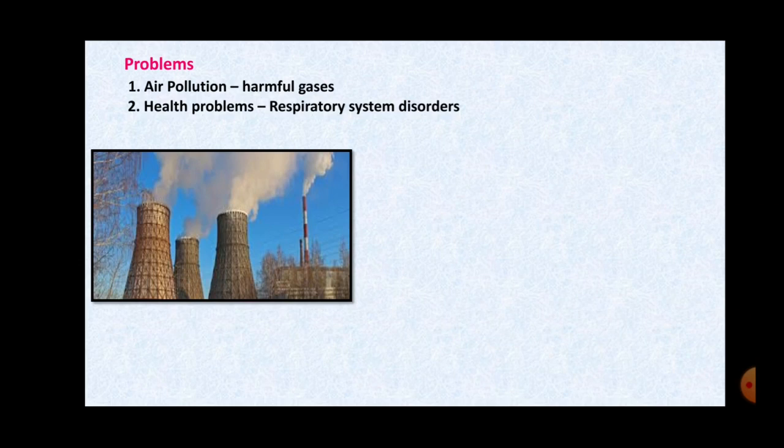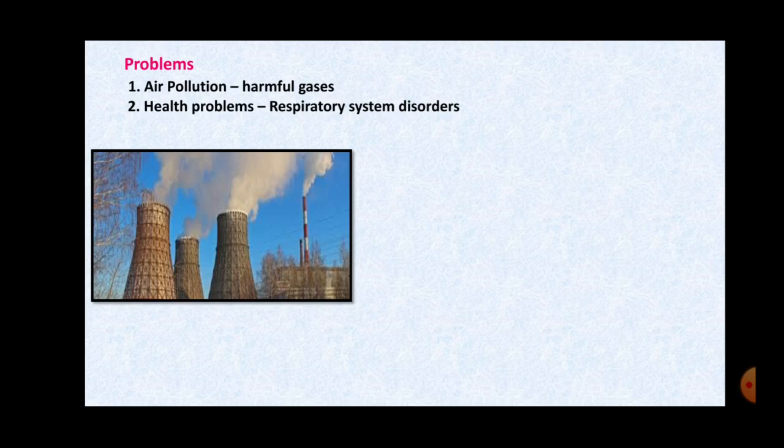So they are not able to take in oxygen and give out carbon dioxide during respiration, as well as in photosynthesis, they take in carbon dioxide and give out oxygen through the same stomata or pores. So both the processes are affected, right?